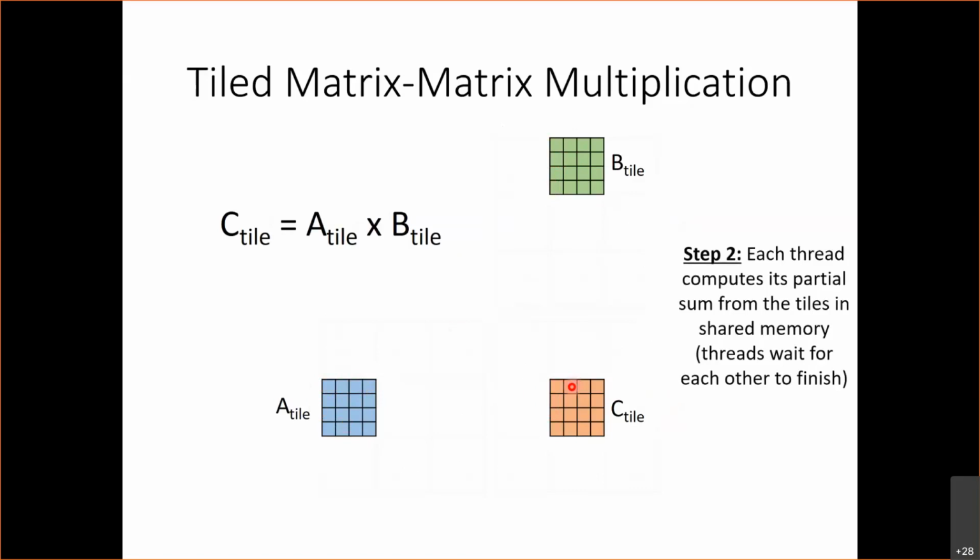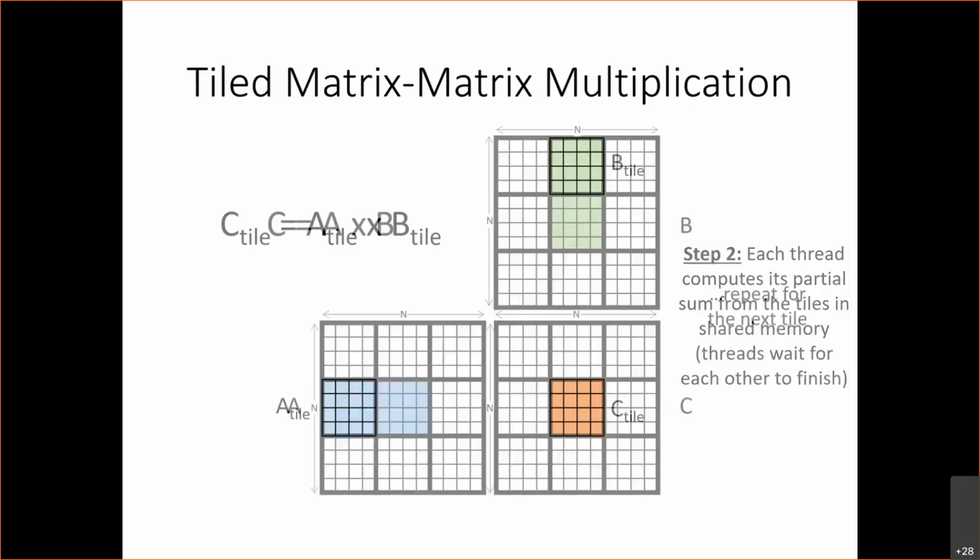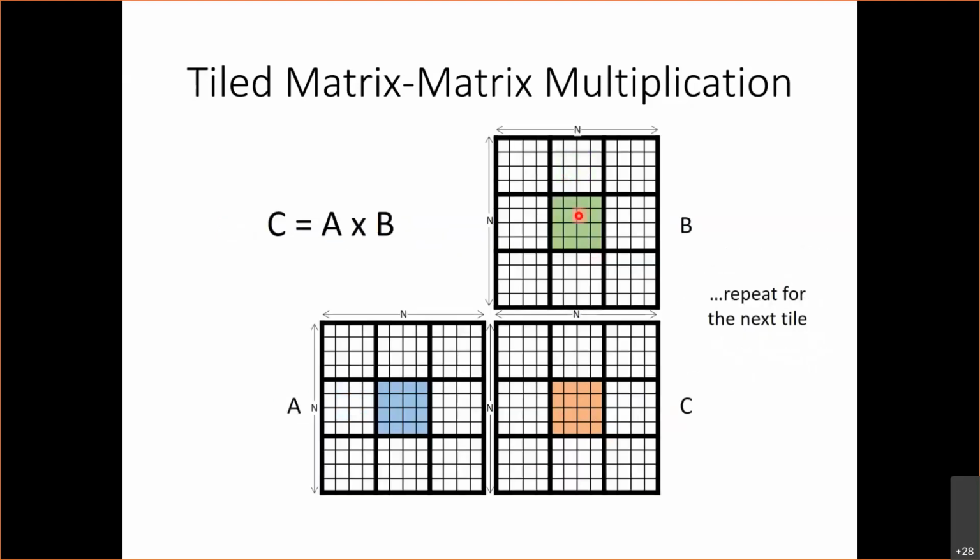The thread responsible for the second element will access this row from shared memory and this column, etc. And then all these threads wait for each other to finish accessing this shared memory. When they're done, I can go back to my global memory and bring in my next tile. So then these threads load the next tile, and then the next tile until we are done.